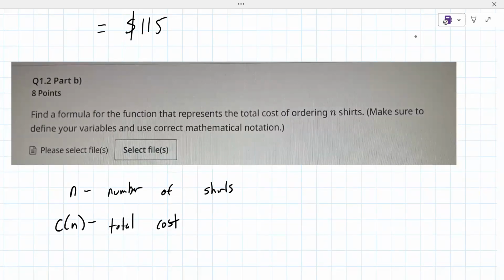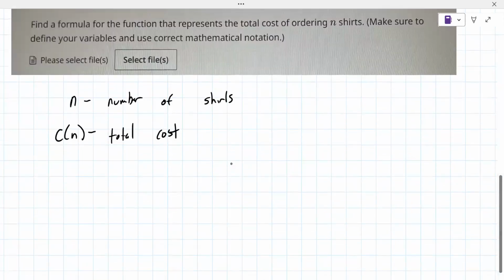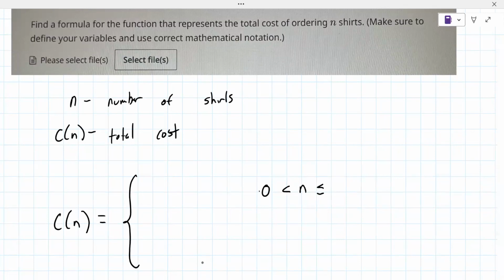Okay. So now this is a piecewise function. So the piecewise function is organized this way. It's got a piece up here at the top and a piece up here at the bottom. It could have more than one piece, but for this one, it's got just two. So if you order 0 shirts all the way up to 90 shirts, the first formula is valid.